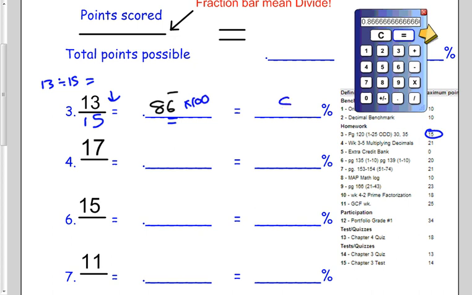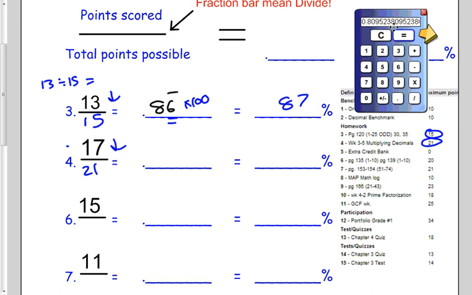Assignment 4, we can see was out of 21 questions, so we're going to create our fraction 17 out of 21. Then we're going to go ahead and divide down. So 17 divided by 21, and that is equal to a really, really long decimal. You can see that it actually does start repeating 523809, 5238.